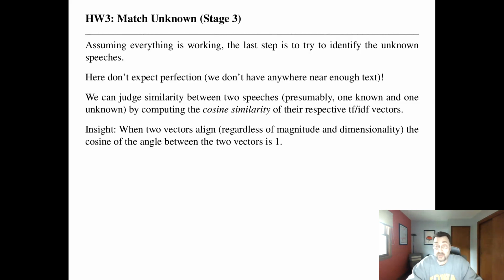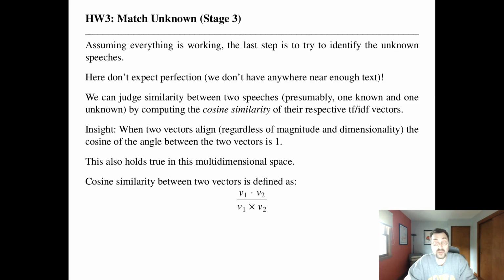When two vectors align, regardless of the magnitude or dimensionality, the cosine of the angle between them is 1. That holds for the Cartesian space with a dimension of 2, or for our term frequency inverse document frequency vectors with a dimension of 2,000. This holds true in the multidimensional space as well.